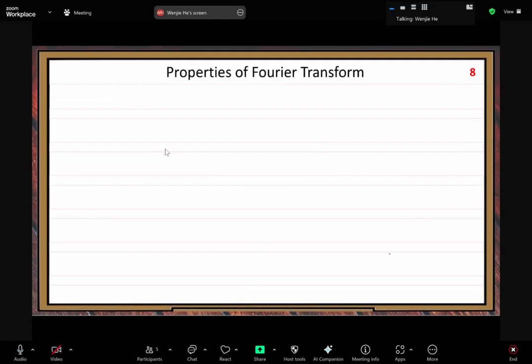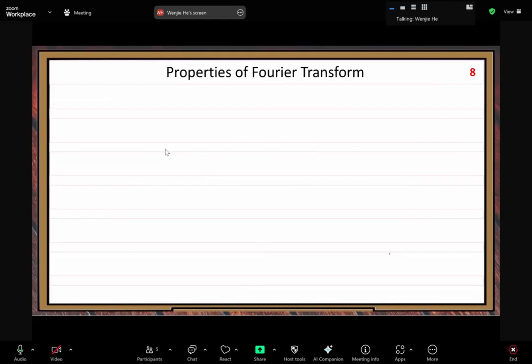Next week we will cover another important topic. After we learn the Fourier transform, another important topic we will learn is the fast Fourier transform. In engineering, this topic is very important.